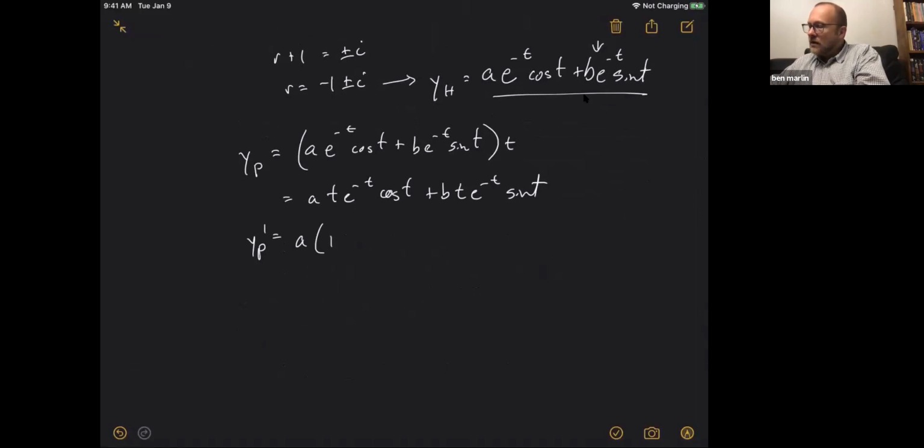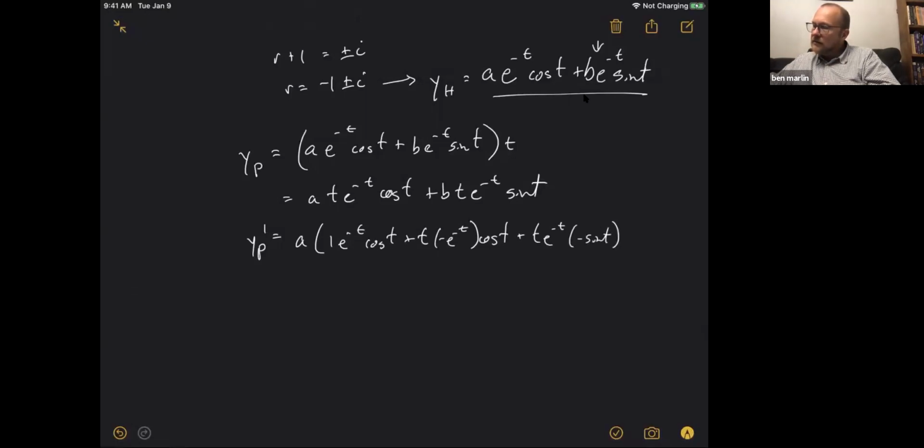So 1 e^(-t) cos t + t times minus e^(-t) cos t, plus, my God, this is a mess, plus t e^(-t) times the derivative of cosine, which is minus sin t.